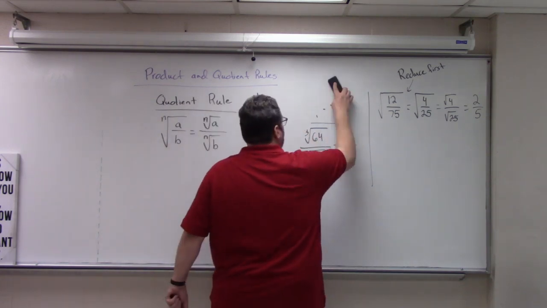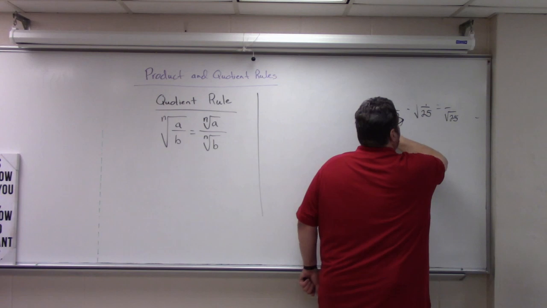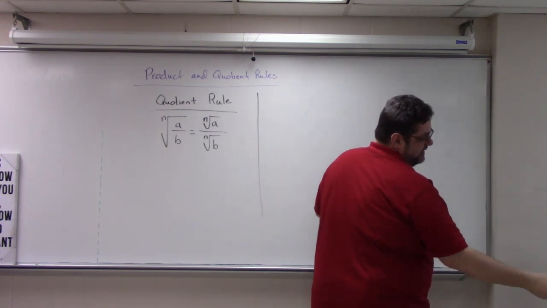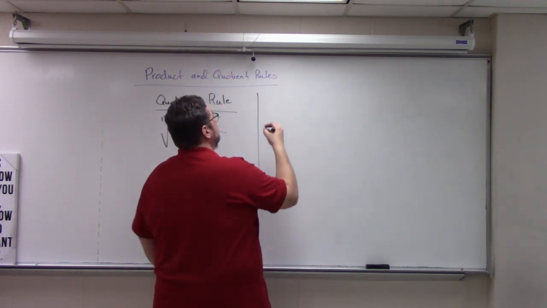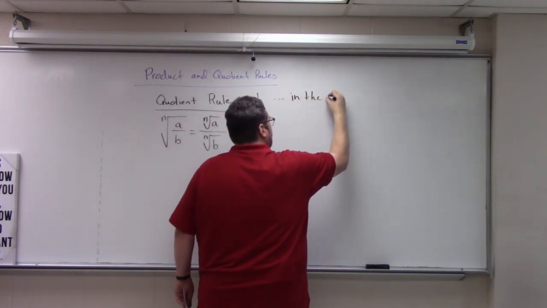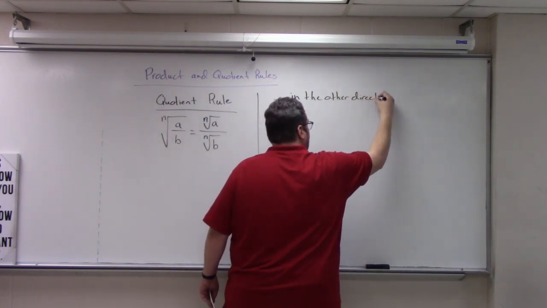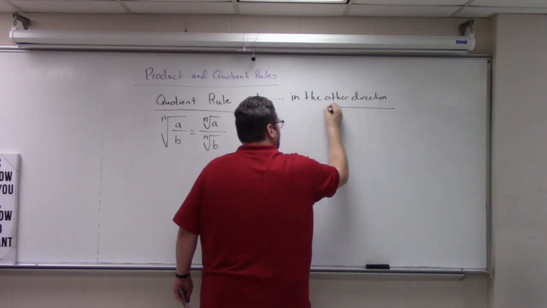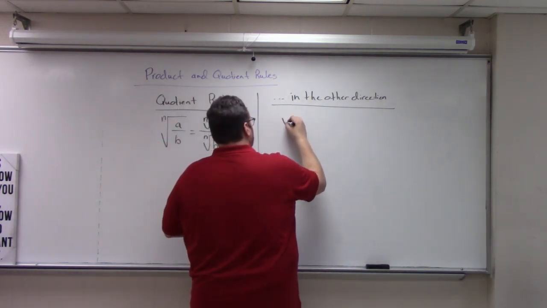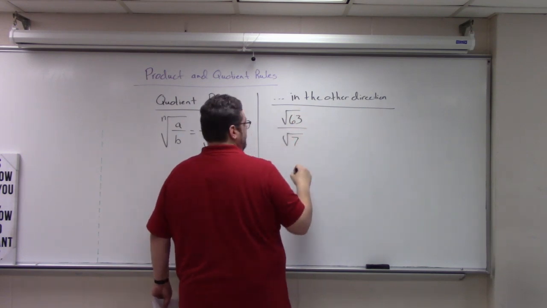All right. However, there is another way the quotient rule can be used. I guess you might say, in the other direction. For instance, what if we had the square root of 63 over the square root of 7?